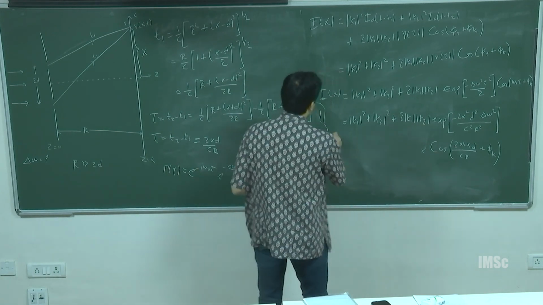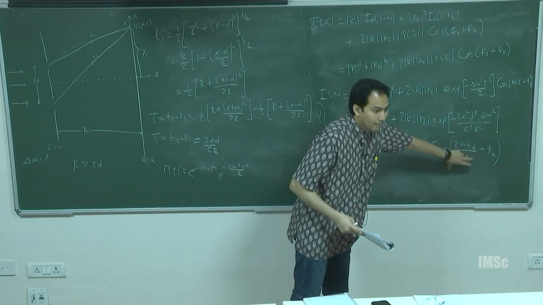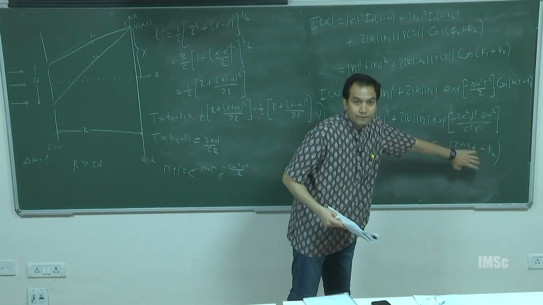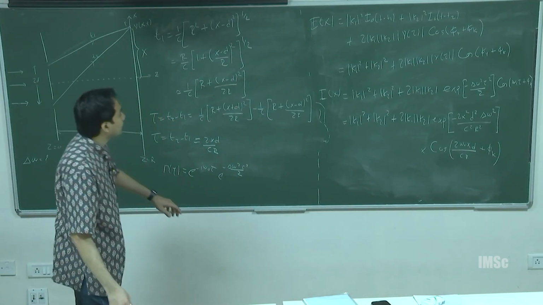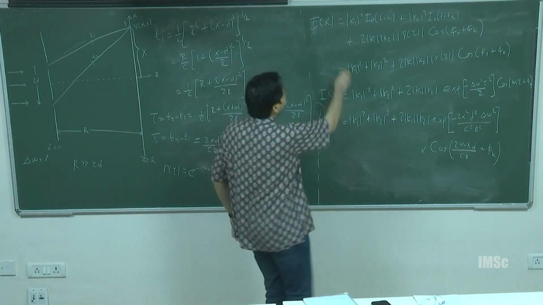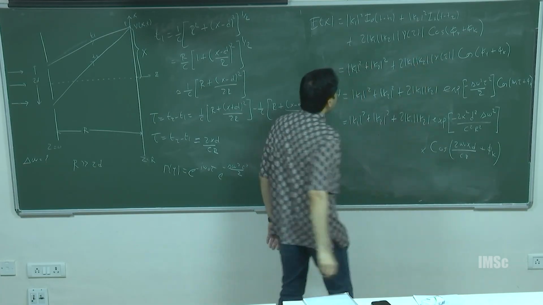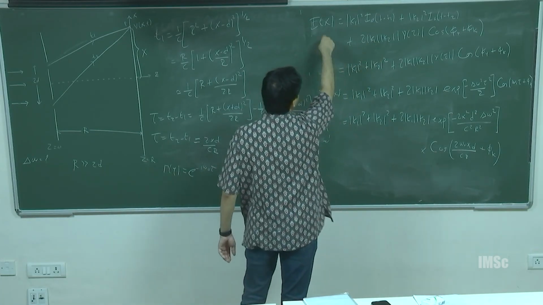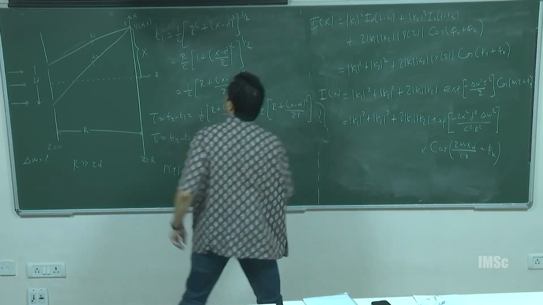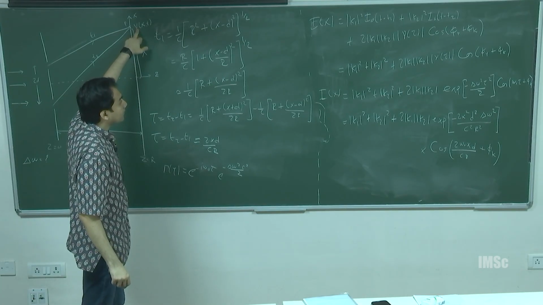So here we see that the intensity does vary in a sinusoidal manner, that is due to interference. Let me go over the point once again. This is a general expression for the intensity measured at a point x on the Young's double slit setup.